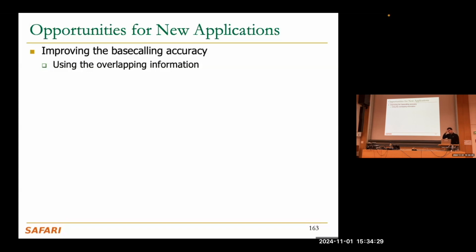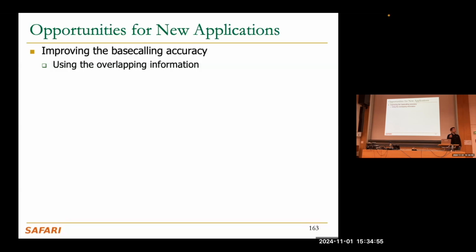As we approach the end of the slides, I want to iterate some of the points that I've been saying. But actually before that, I'll illustrate what other directions we can follow using this overlap information. One direction is that we can use this overlap information to maybe improve the base calling accuracy.